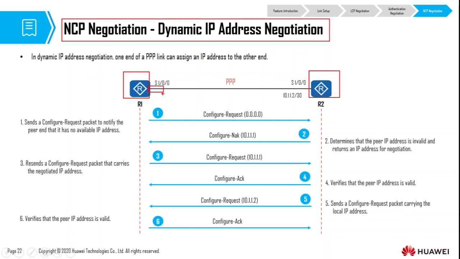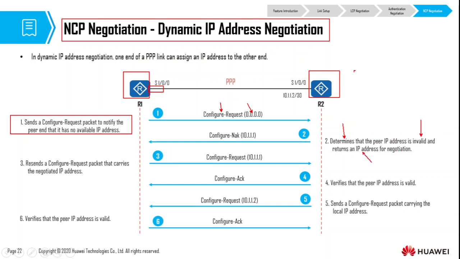So what does your home router do? It sends a configure request packet to notify the peer end that it has no available IP address. How does it say that? On the configure request packet, it uses the IP address 0.0.0.0.